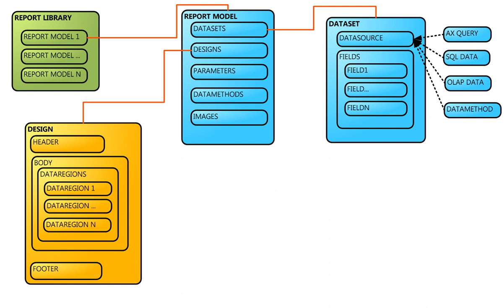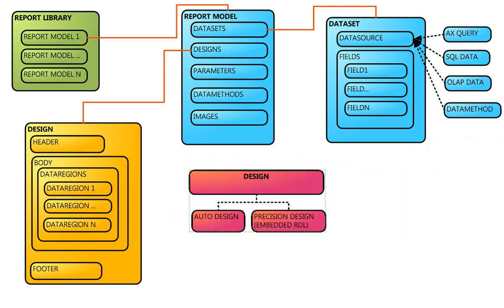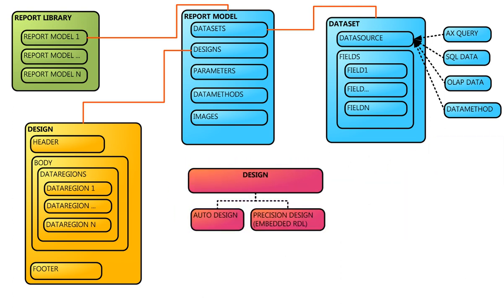You already saw me create an auto design, but there are actually two. A design can be either an auto design or a precision design. If you're familiar with RDL and you looked at the XML in the Moxel for the auto design, you'd see something that sort of made sense. It isn't RDL, but you can understand how our system can transform it into RDL.